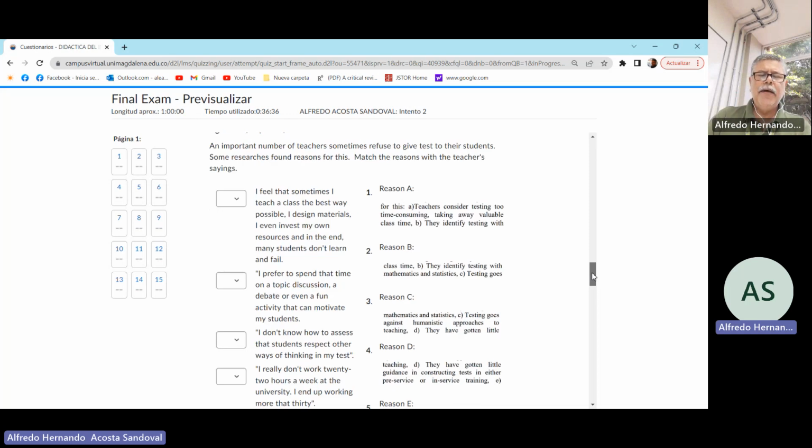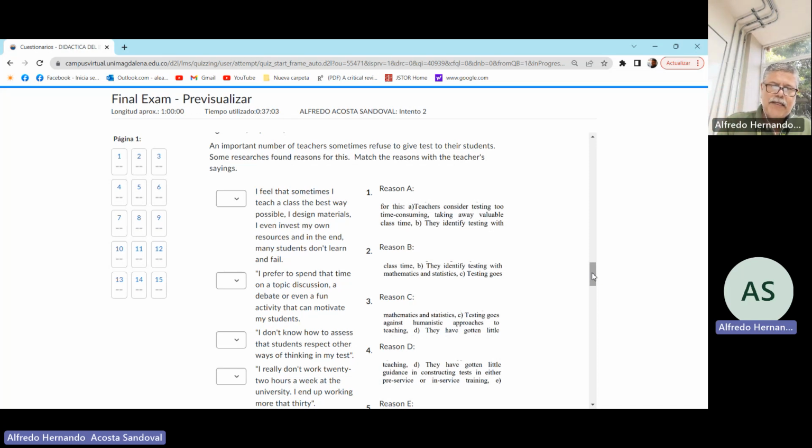This is a very common issue. Some teachers say, why should I give tests if I know, in my everyday teaching, how my students are doing, and I could provide evaluation or assessment of their progress?